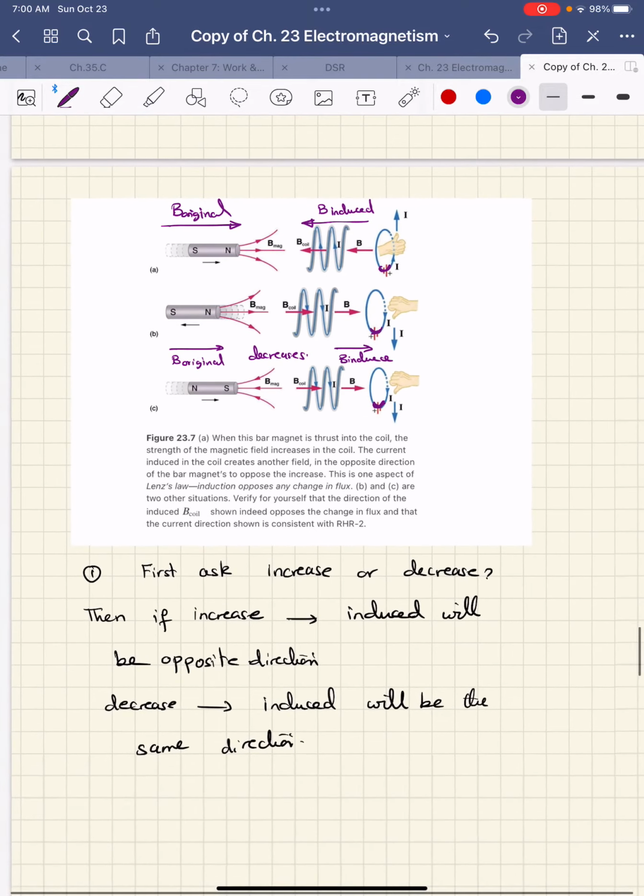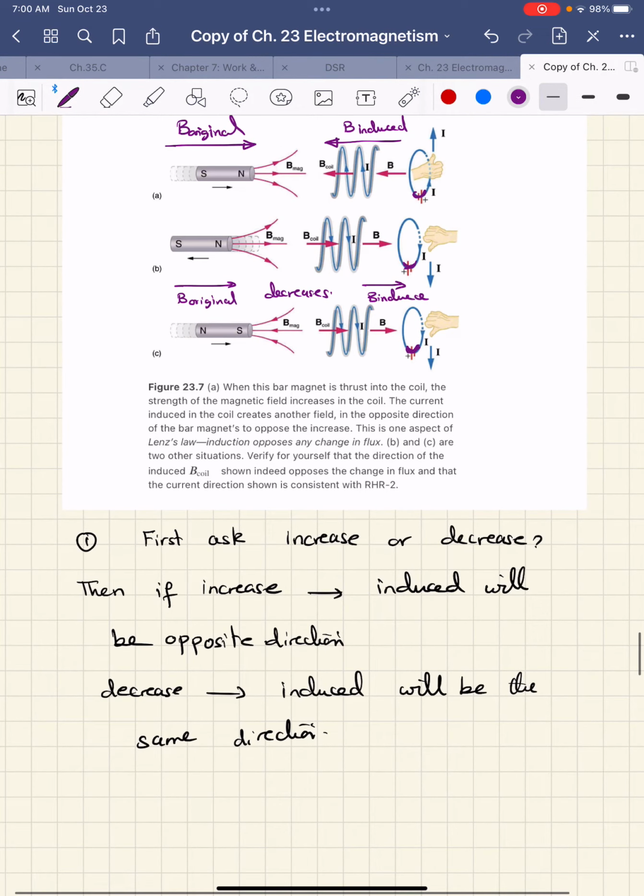Now the rule is, first ask, is there an increase or decrease in the original B? The increase or decrease can be indicated by bringing the magnet in, by closing a circuit, or by increasing the strength of the field.